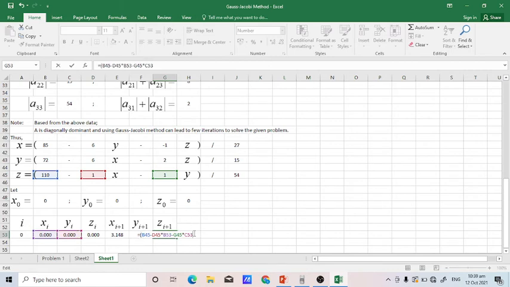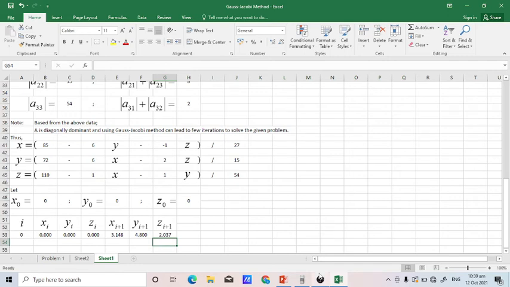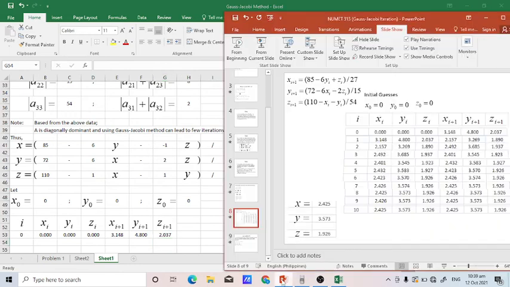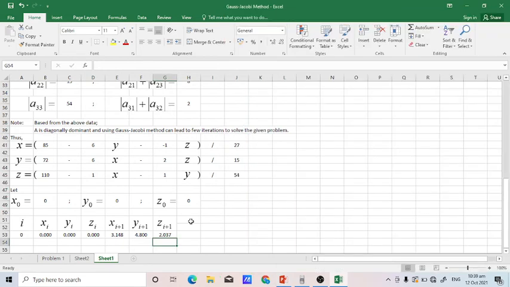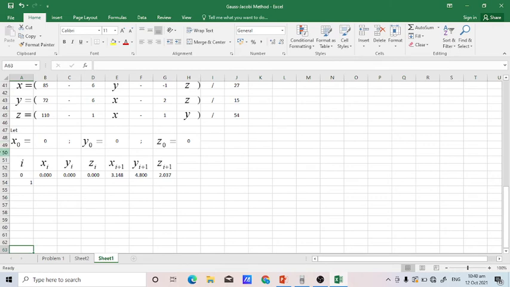Over 54. Ayan. Enter. 2.037. Let's check. There, we have 2.037. Okay. Then 1. So, ano lang natin ito? Plus 1. Tapos, pwede na natin ma-drag down. I-drag down na natin. Ayun.